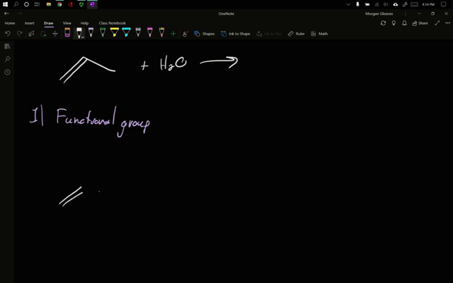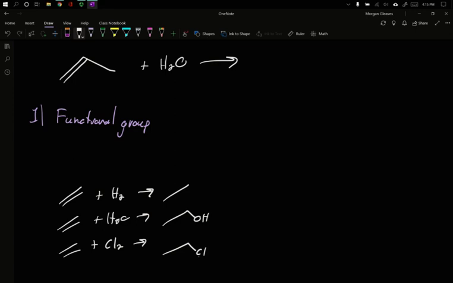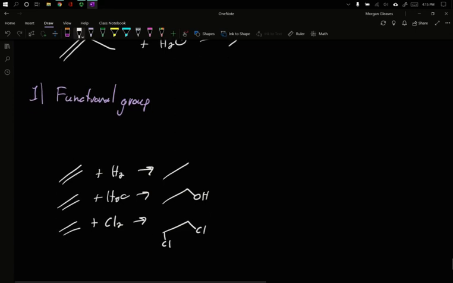I had that an alkene plus H2 can become an alkane. I had alkene plus H2O could become an alcohol. I had alkenes plus dihalides could become haloalkanes.